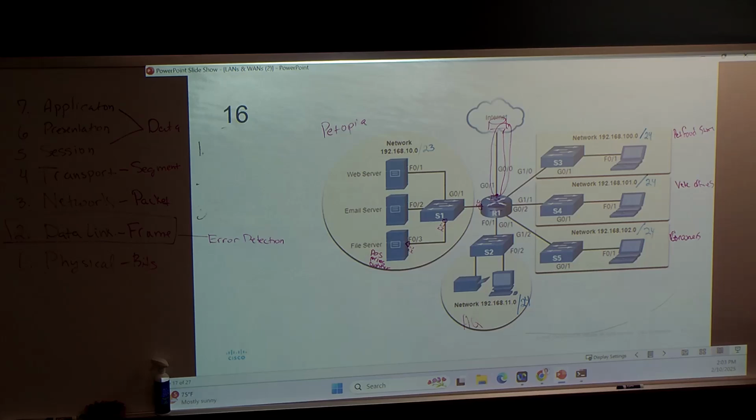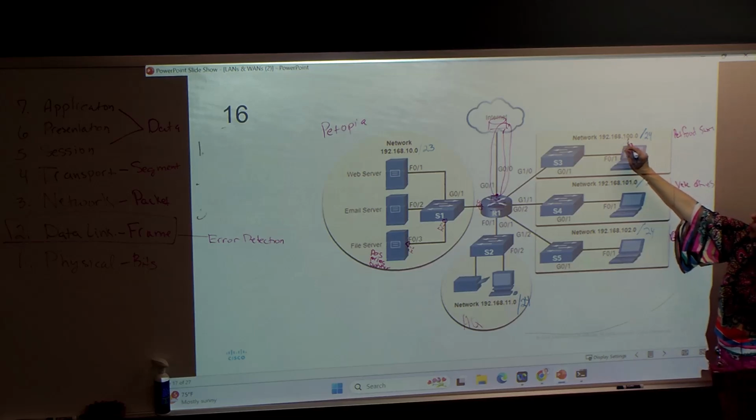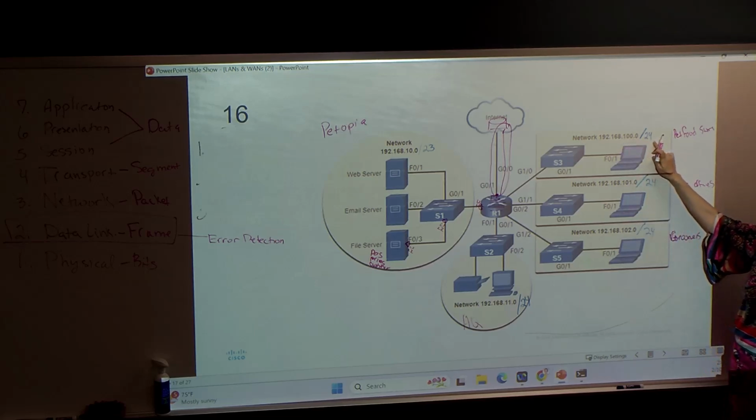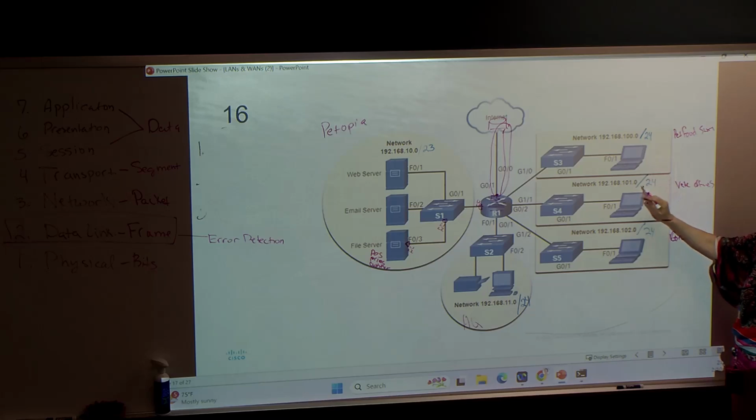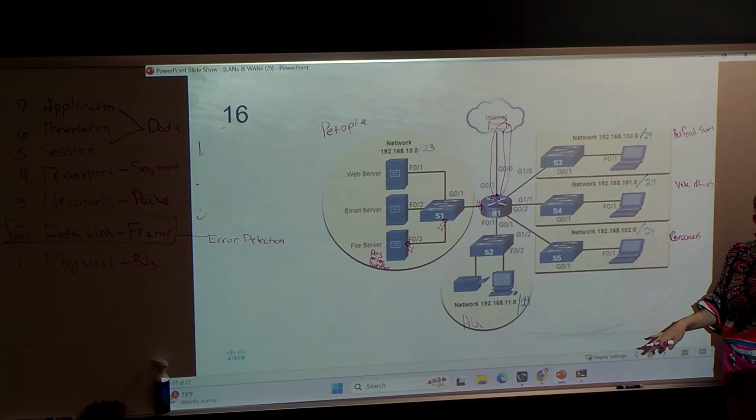I want you to just notice something about these addresses because we're going to be talking about this today, okay? Do you see how this is 100 and /24 because they left that off? And then we've got 101/24, that's the next network address. And then we've got 102, that's the next network address.